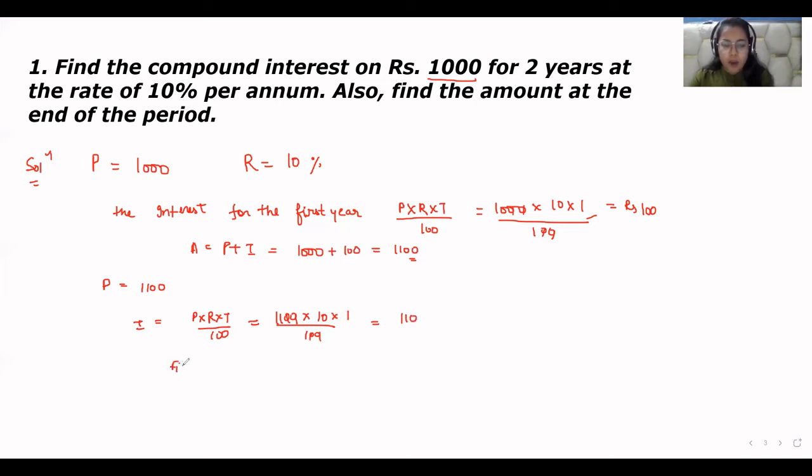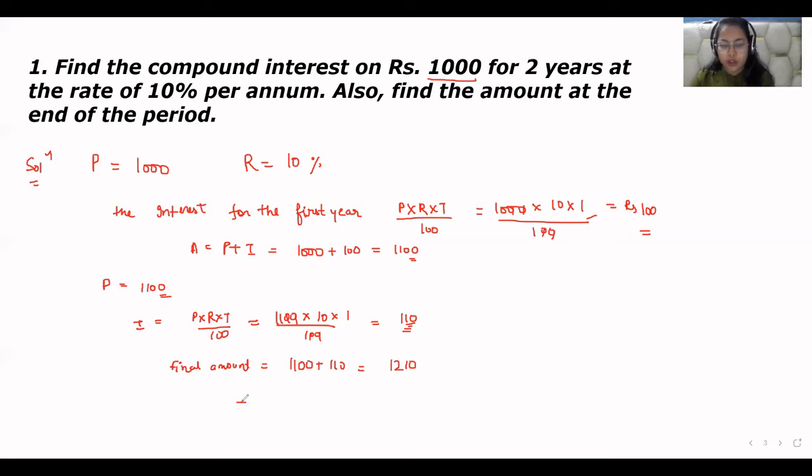So what is the final amount? For the first year we charge interest of 100 and for the second year we charge interest of 110. So for the second year our final amount is 1100 plus 110, that is 1210.